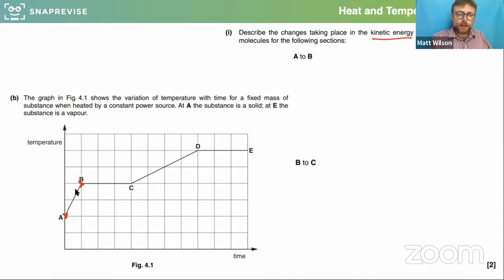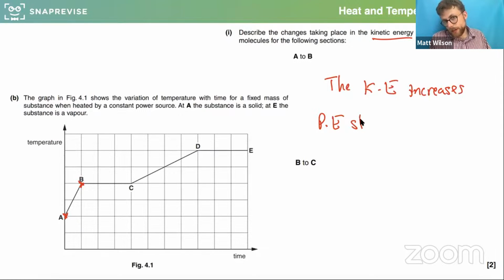It's the kind of energy that increases when our temperature increases. Good, absolutely right. So that's the kinetic energy. The KE increases, PE stays the same.